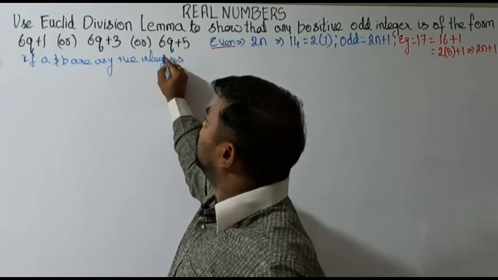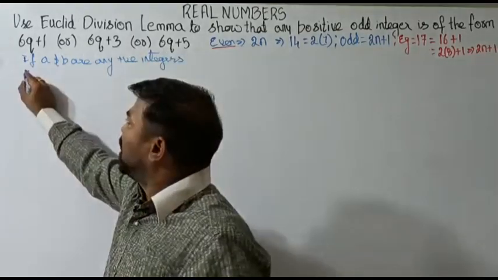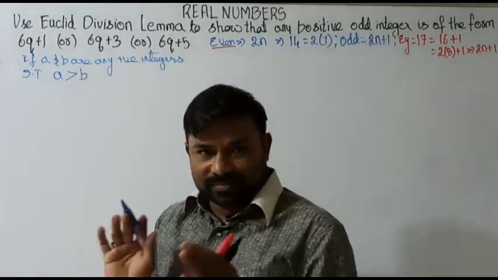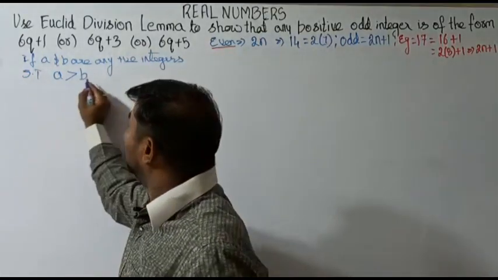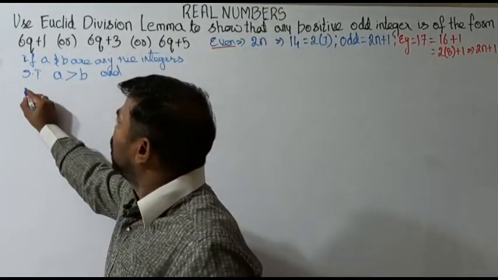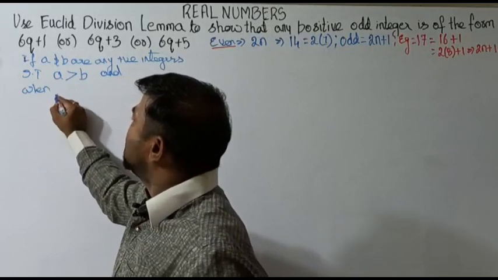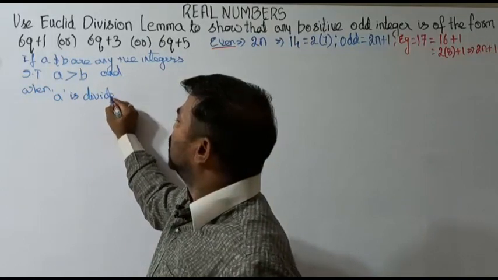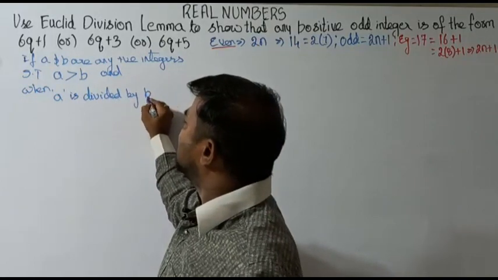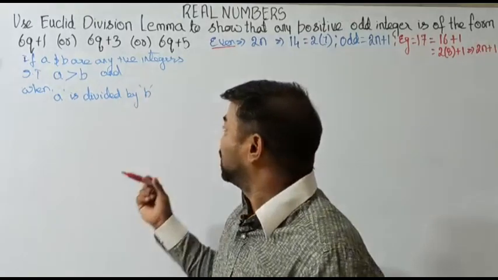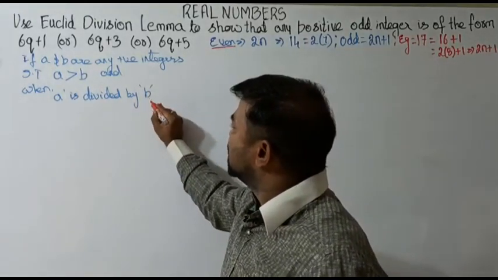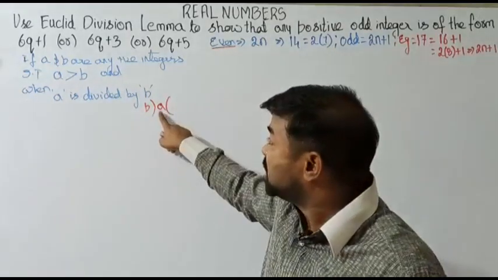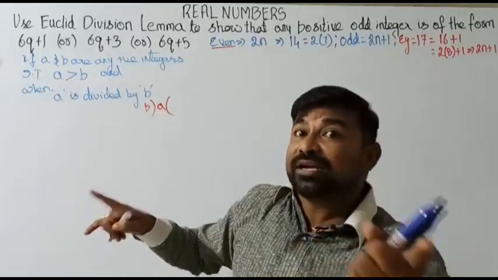If a and b are any two positive integers such that a is greater than b, and when a is divided by b, the condition is that the number a should be greater than b.